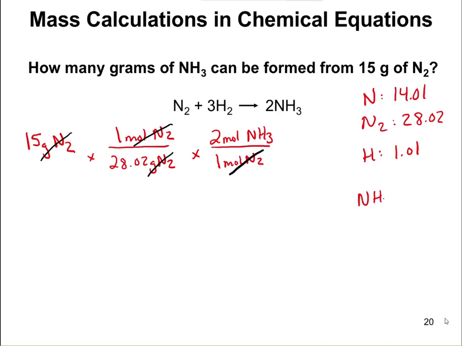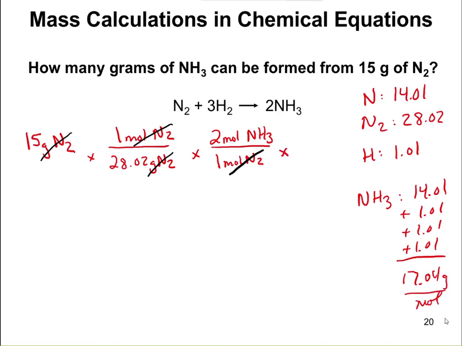So for NH3, it's going to be 14.01 plus 1.01 plus 1.01 plus 1.01. That's going to give me 17.04 grams per mole. So in one more step, I can say that for every 1 mole of NH3, I'm going to have 17.04 grams of NH3.